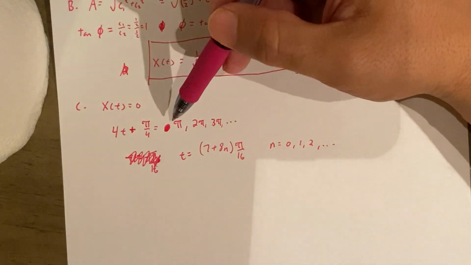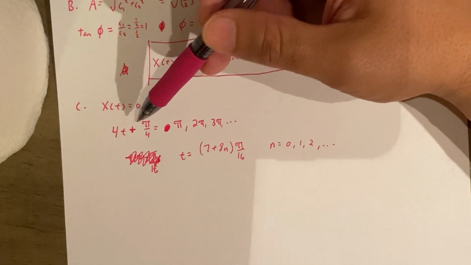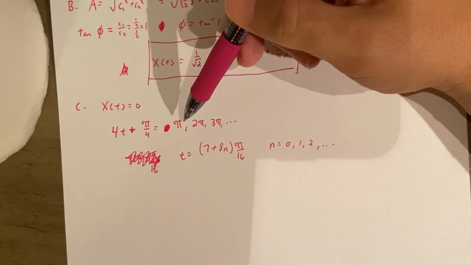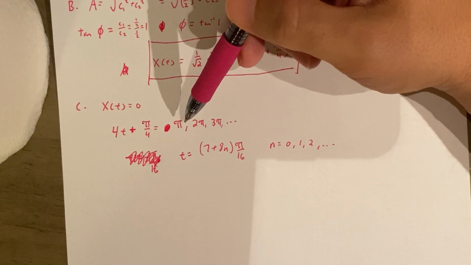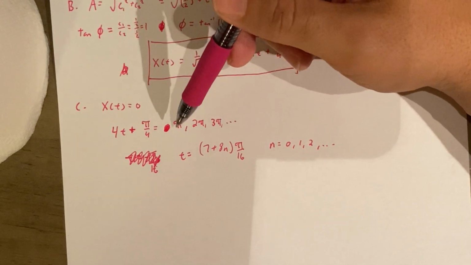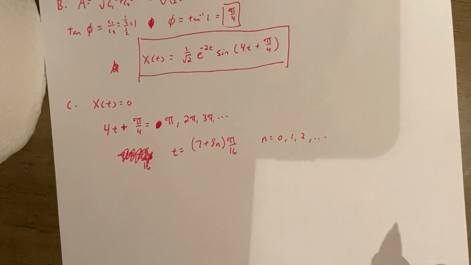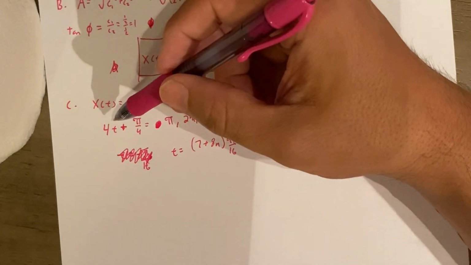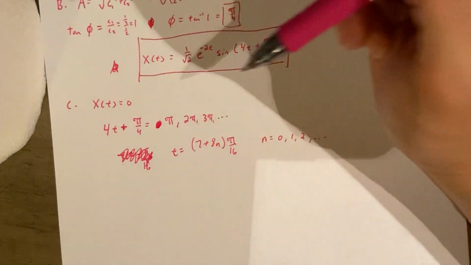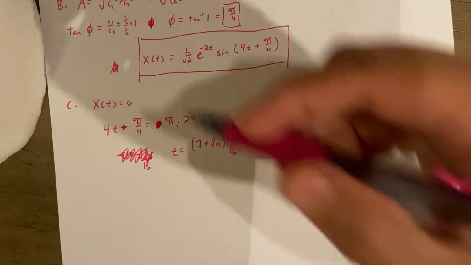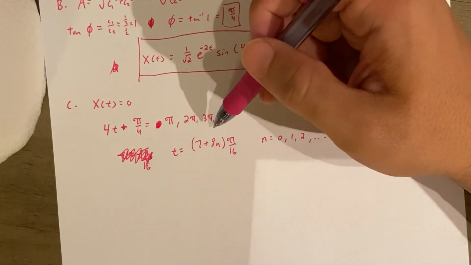If we do that, we subtract pi over 4, we get 3 pi, and then solve. Then we divide by 4, and here we're left with 3 pi over 16.